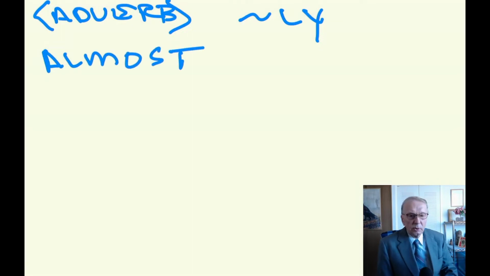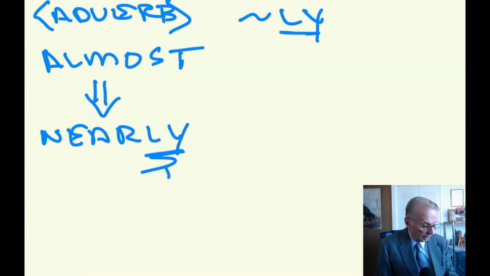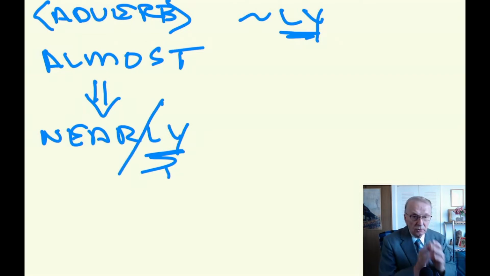What's a good way to remember that it's an adverb? Please remember that almost is the same as nearly. And there you are. The ly of the adverb is right there. Nearly. You know the word near means close to. So nearly means almost the same.